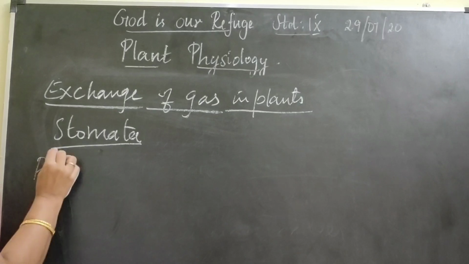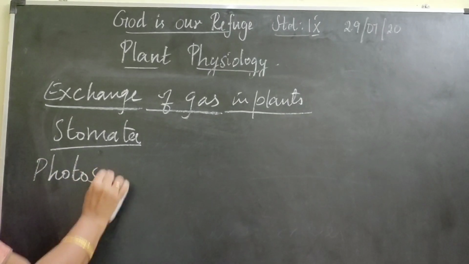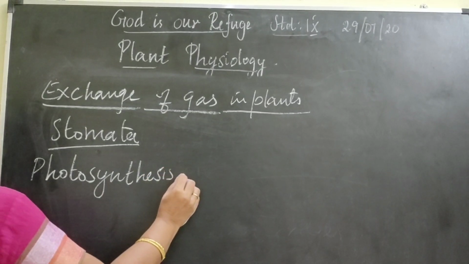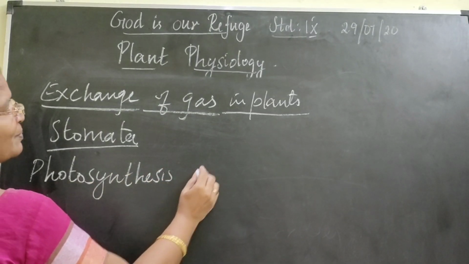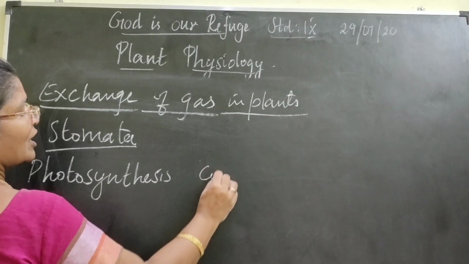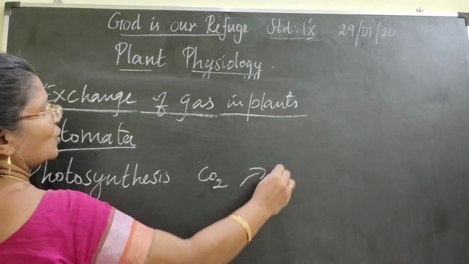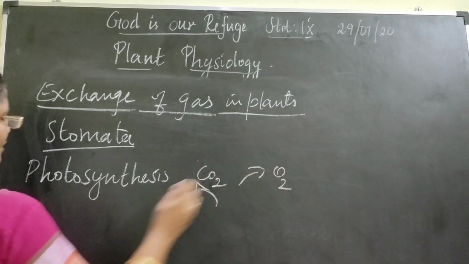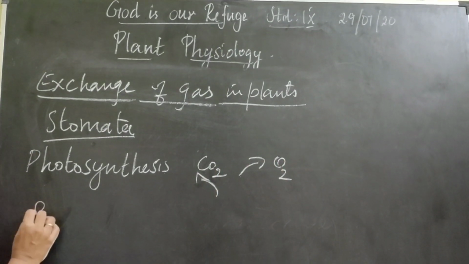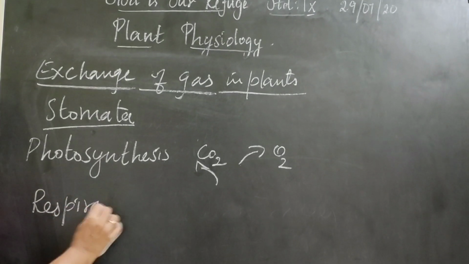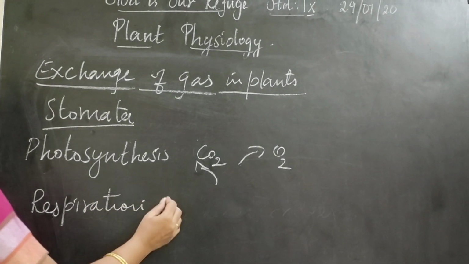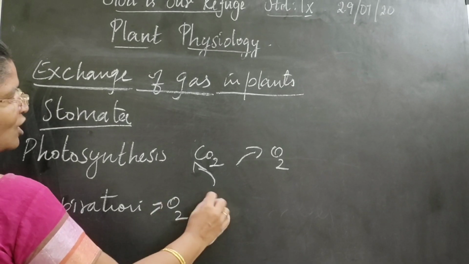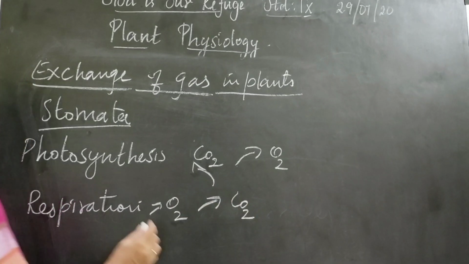During photosynthesis, plants take in carbon dioxide and release oxygen. During respiration, plants take in oxygen and release carbon dioxide.